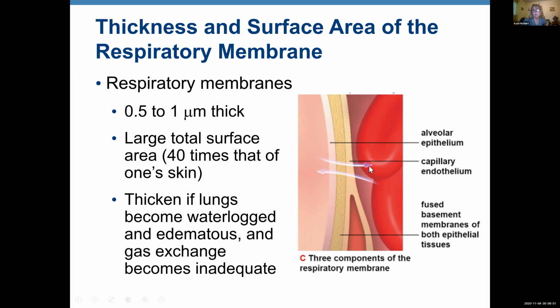Oxygen moves through it, carbon dioxide moves through it, right? And it's very thin, about 0.5 to 1 micrometers thick, and it has a large total surface area, 40 times that of your skin. When it's thickened, for example, if lungs become waterlogged and edematous, so they have edema, then gas exchange becomes inadequate, right?